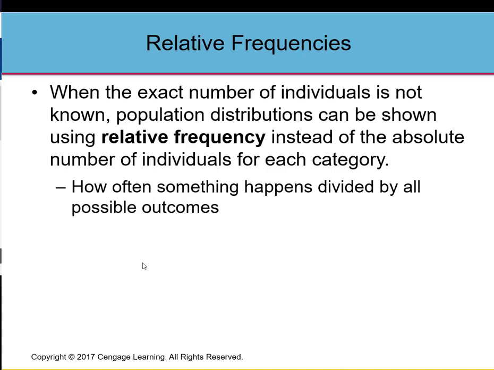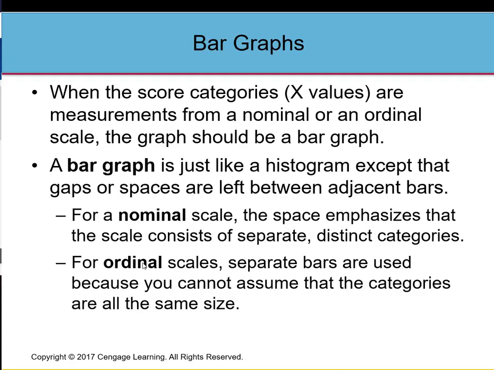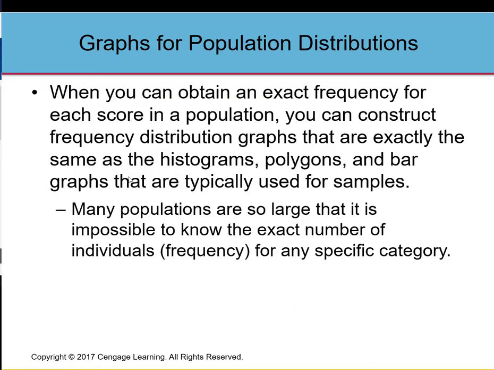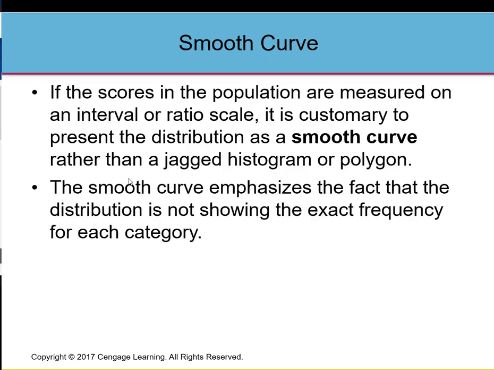And then smooth curves. If we look at this polygon and I were to smooth it out and take away the bumps, that's what this is talking about. If the score and the population are measured on an interval or ratio scale, it's customary to present the distribution as a smooth curve. They're called splines, actually, rather than a jagged histogram or polygon.